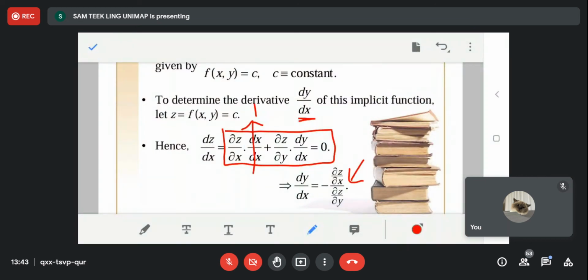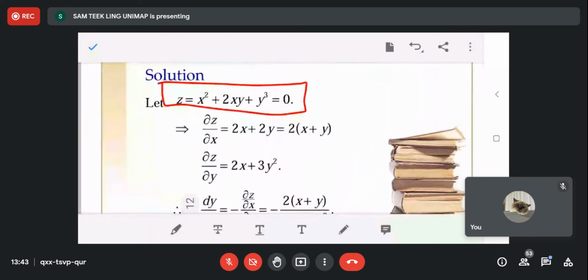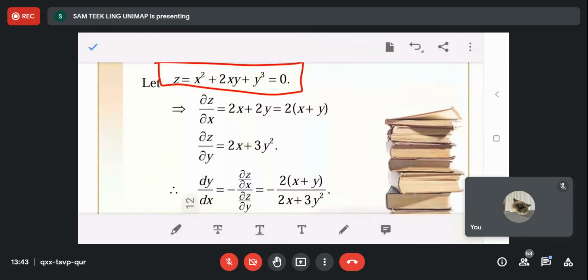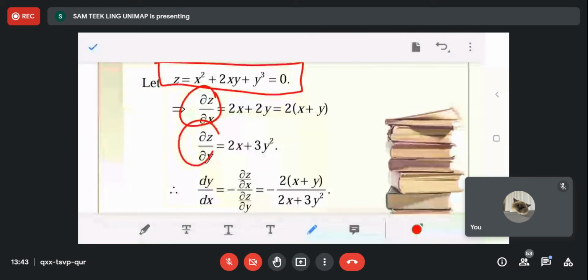The first step is to find del z del x and del z del y. We differentiate z with respect to x, and differentiate z with respect to y. This is basic differentiation. Then you put them into your formula, and remember in front there is a negative.